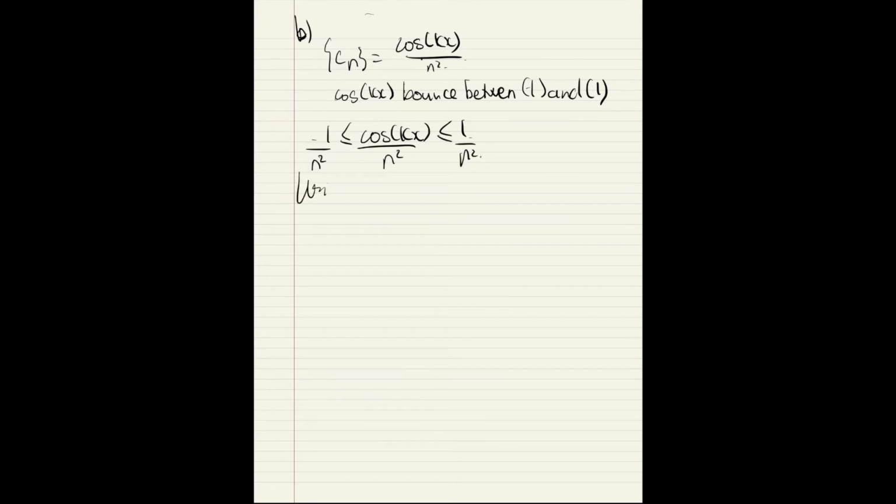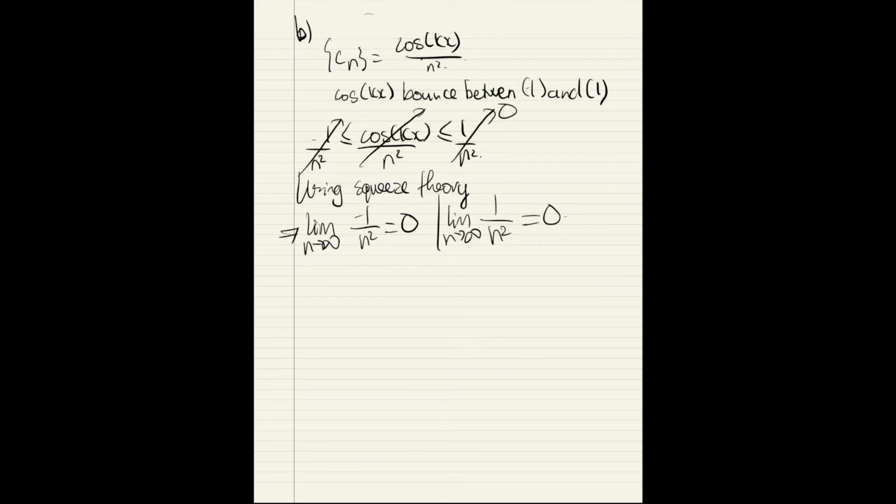Using the squeeze theorem, we have the limit as n goes to infinity of minus 1 over n squared equals 0, and the limit as n goes to infinity of 1 over n squared equals 0. This one goes to 0, this one goes to 0, so this one has to go to 0. Okay, so that is all for how you can conclude whether a sequence diverges or converges.